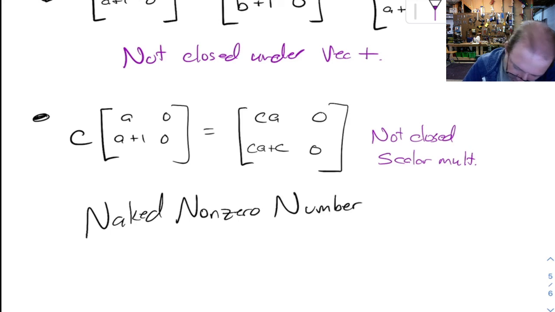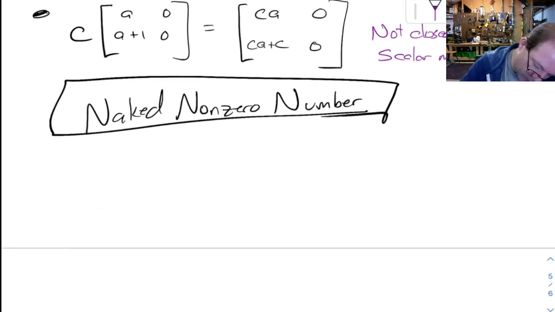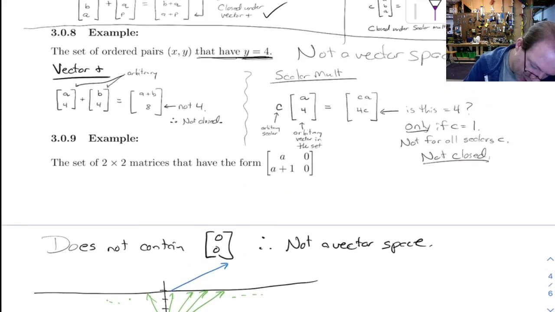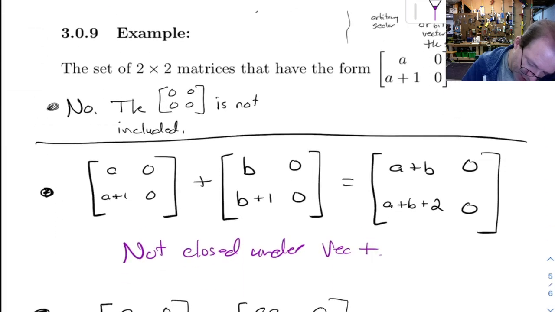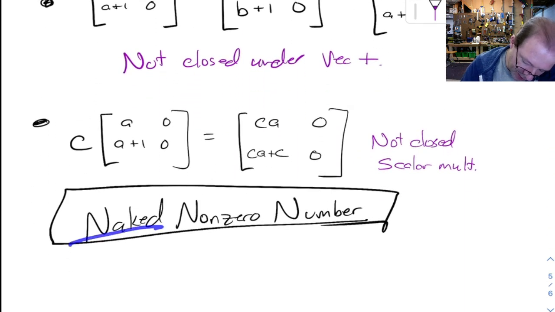That's nice and alliterative. The naked non-zero number is the thing that makes things no longer be a vector space. If those had been zeros instead of a 4 there, it would have been fine. If this had been A plus 0, that would have been fine. But what do I mean by a naked non-zero number? I mean it doesn't have a coefficient with it.